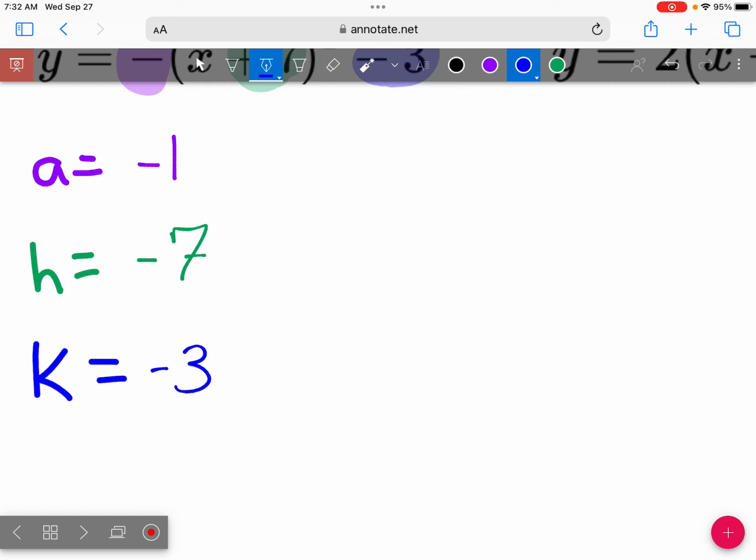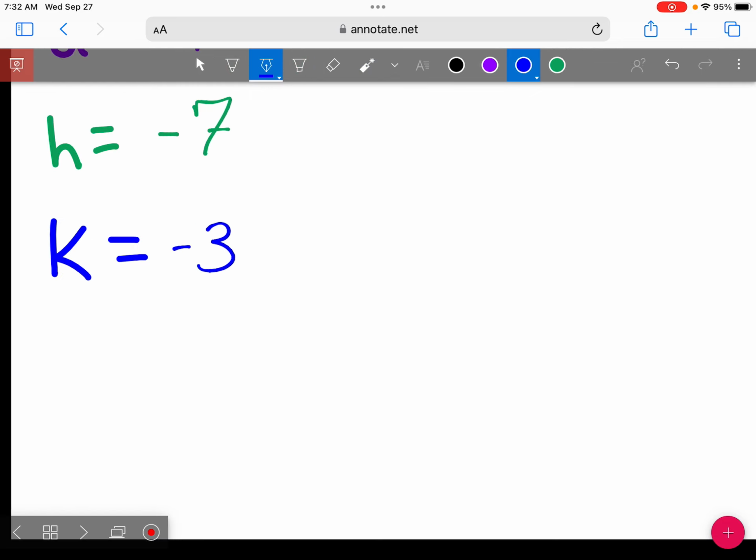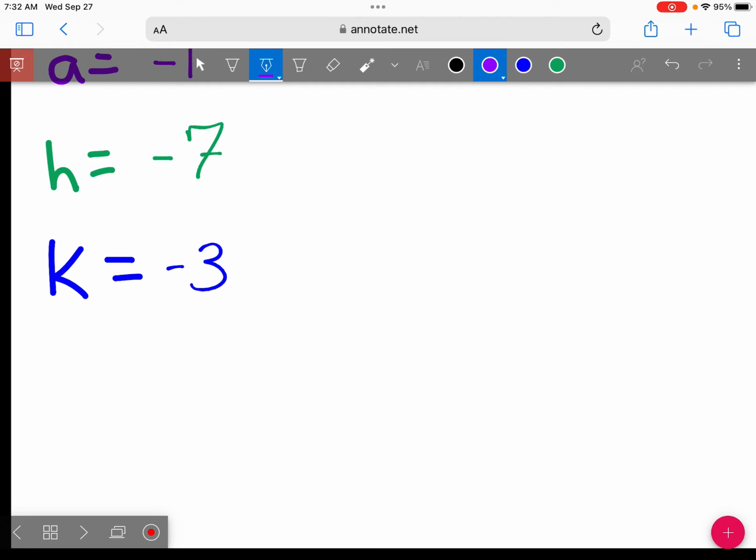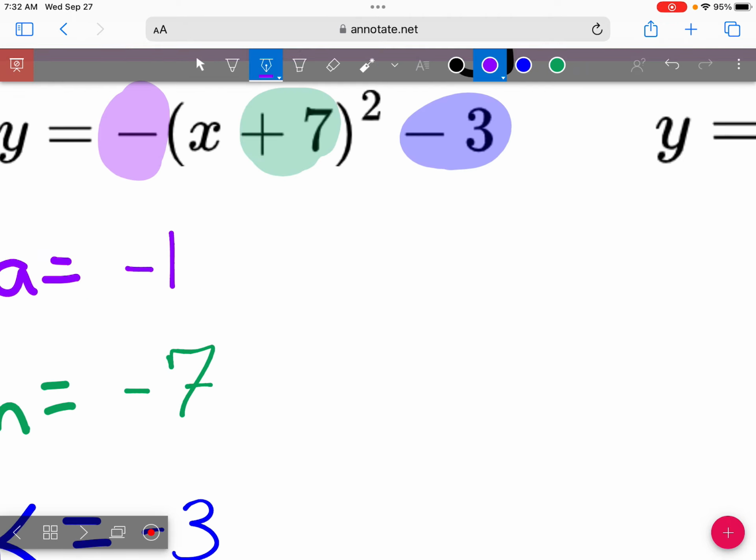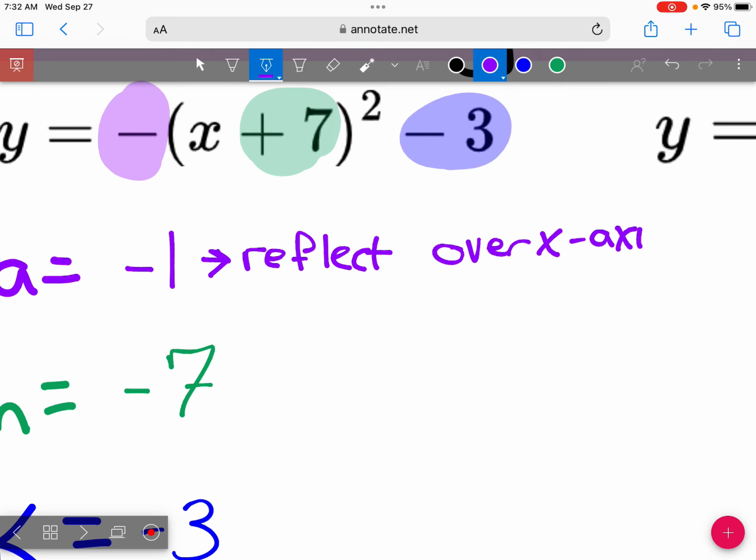What does an A value of -1 tell us is going to happen? It tells if it's going to reflect, stretch, or compress. Which one is it going to do for an A of -1? Reflect, and only reflect. So this will reflect over the x-axis, because it's negative.